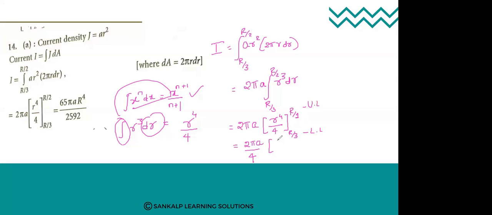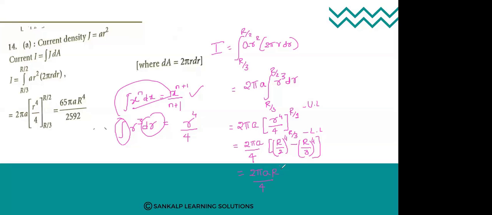So in place of small r, take the upper limit first. The upper limit is r by 2 and it is r to the power 4, so make it (r by 2) raised to 4. Minus, now in place of small r, substitute the lower limit, r by 3, whole to the power of 4. Now you can simplify. So this is 2 pi A divided by 4, and here r raised to 4 is in both terms.